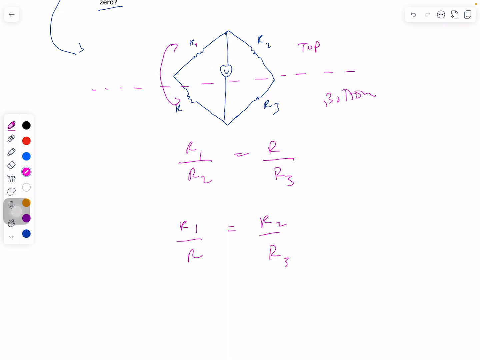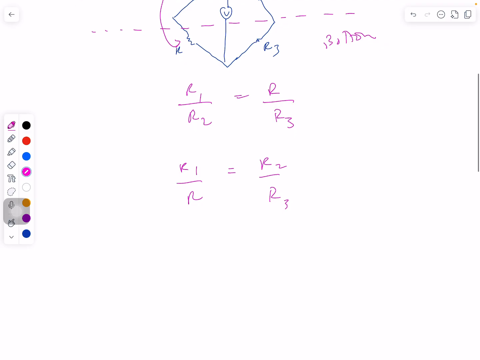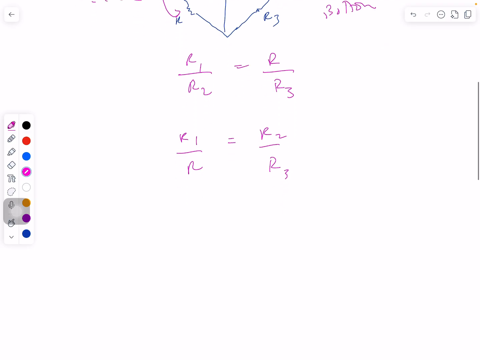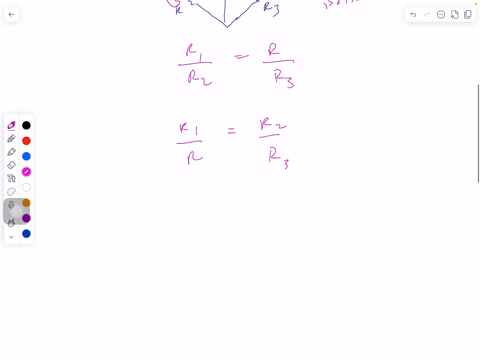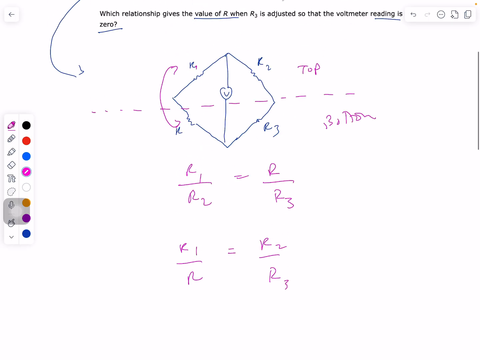The reason for that is that our goal is to compare resistors in the same branch, not across branches. And this wouldn't tell us anything about the voltage balance. R3 over R2 or R2 over R3 is the same thing. They're both part of the same branch segment. And this wouldn't tell us about the voltage balance.